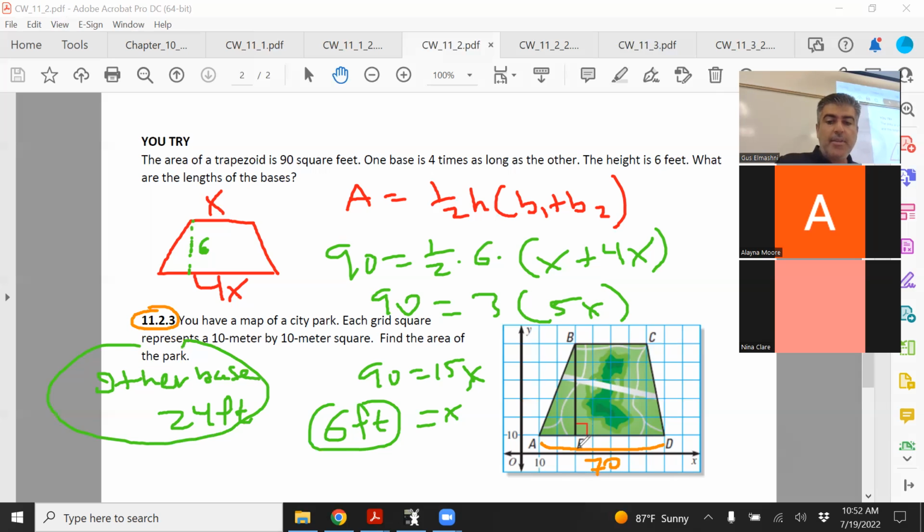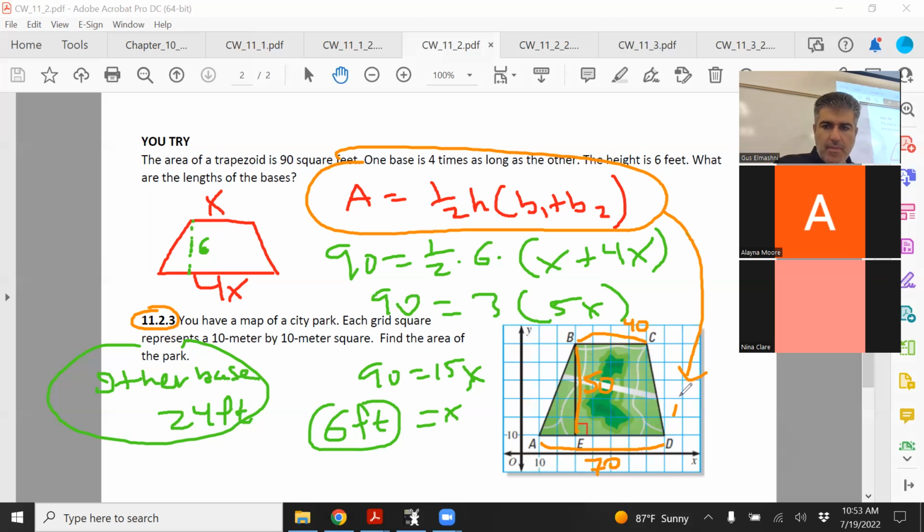They said so, right? And then this was going to be 40, I think. That's going to be 50. And you're going to use this formula. So work it out, tell me what you got.